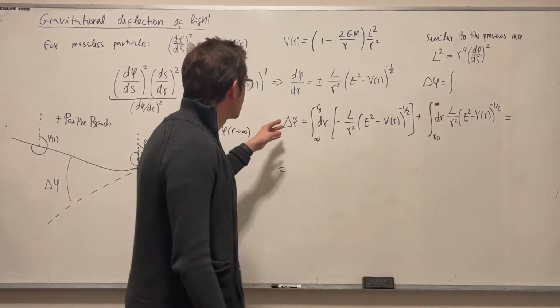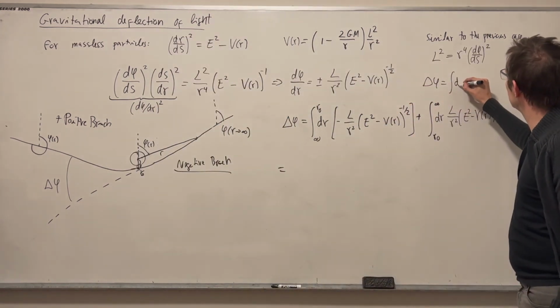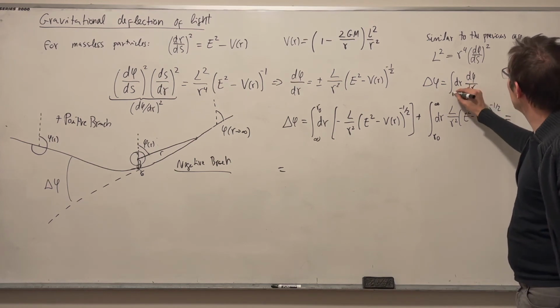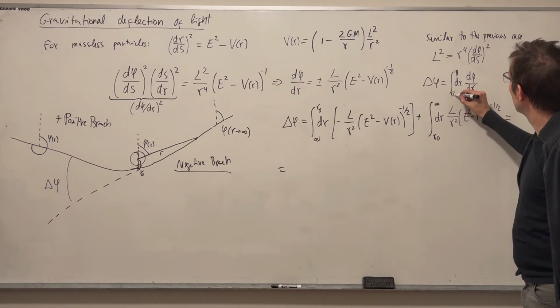All right. So what I did is, of course, delta phi is equal to the integral with respect to r of dphi/dr between the points a and b, a variation of r, or r of a and r of b.